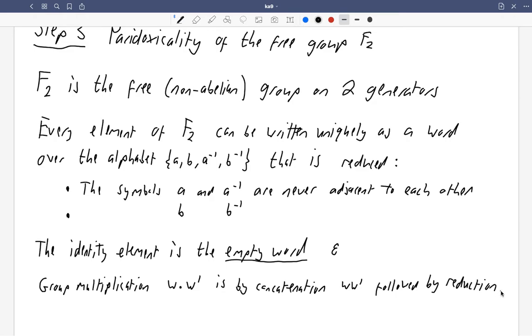Reduction means making sure it's a reduced word. So for example, if the word w ended in a and the word w prime started with a to the minus 1, when we stick the words together, we're going to have a and a to the minus 1 next to each other, which is not allowed in a reduced word. So we just remove those symbols. We then may end up having two new symbols that are inverses of each other next to each other, in which case we remove those, and we keep on removing such pairs until there are no more such pairs in the word. That's the process of reduction, and that gives us how multiplication works in the group.